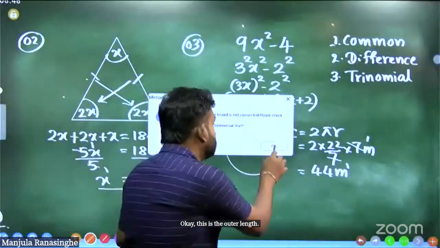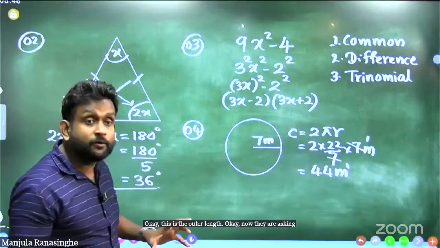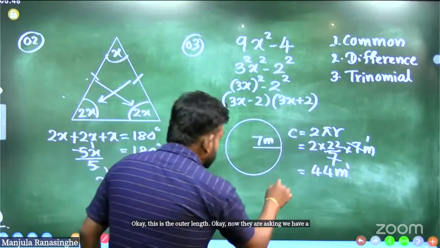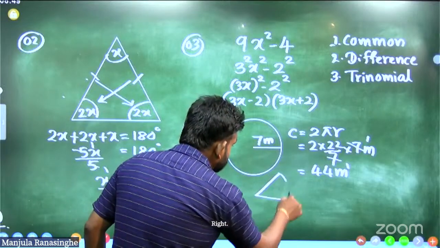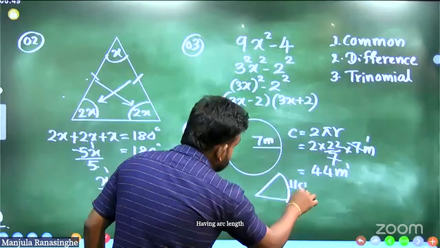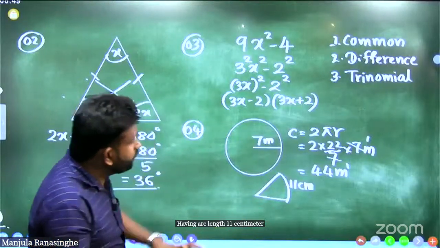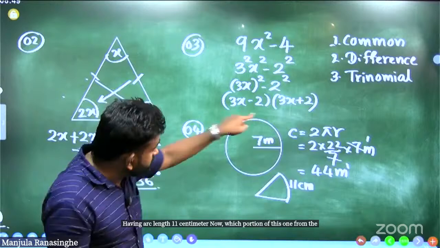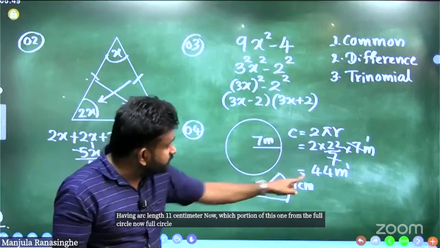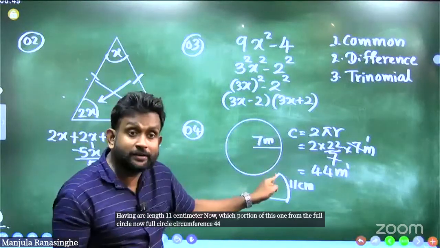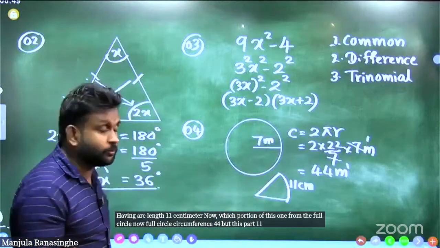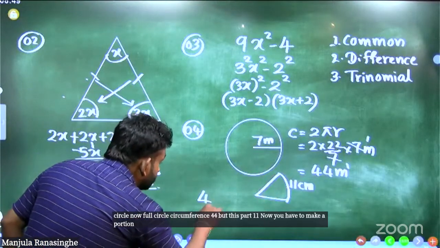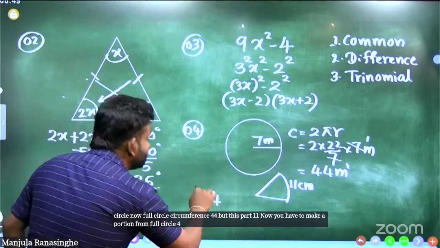Okay, now we have a sector of that, having arc length 11 centimeters. Which portion is this of the full circle? The full circle circumference is 44, but this part is 11.